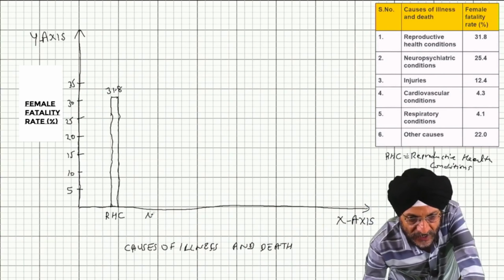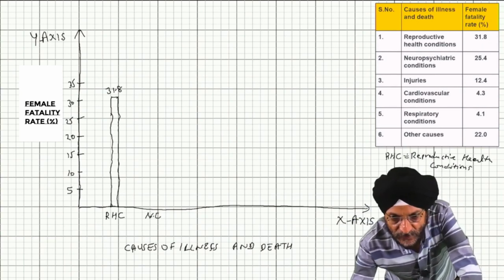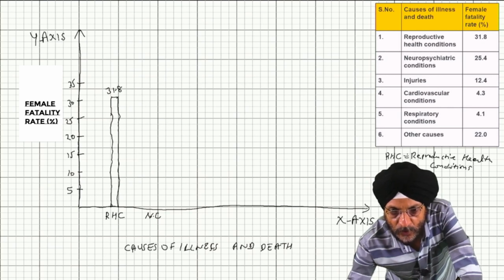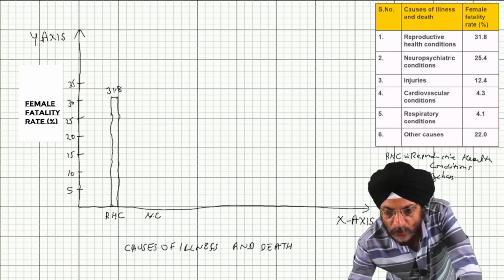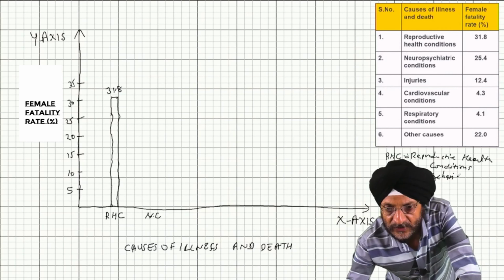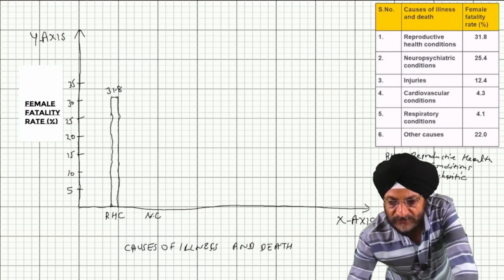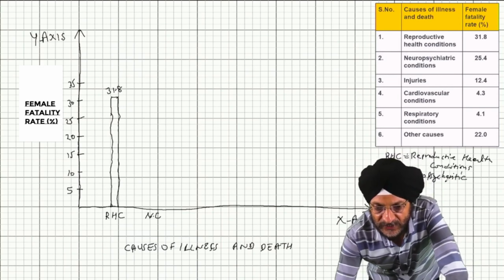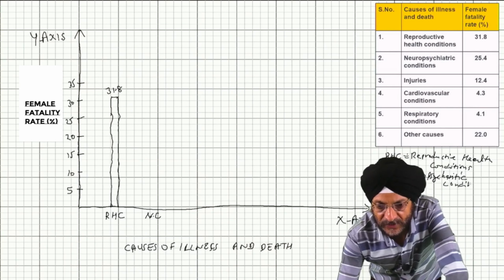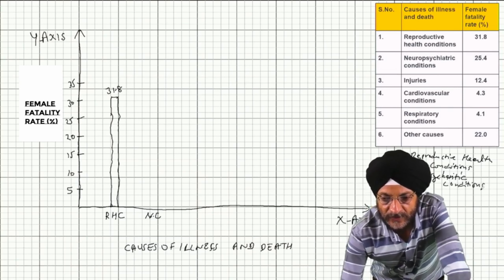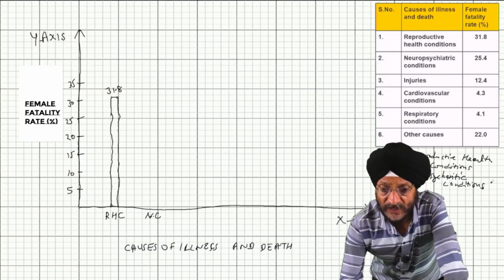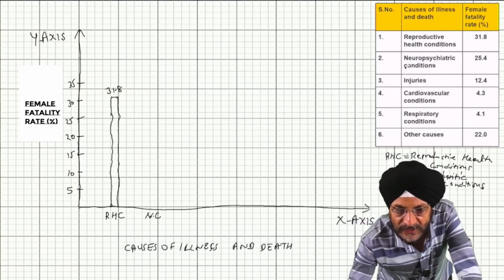You can mention here NC, Neuro. You are to clearly mention that you are taking these abbreviations. Otherwise, the teacher in the exam may cut the marks of the papers.